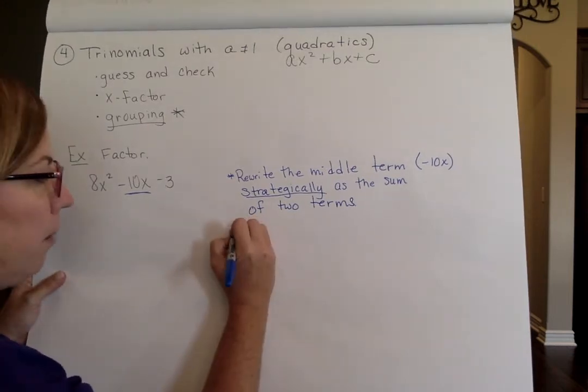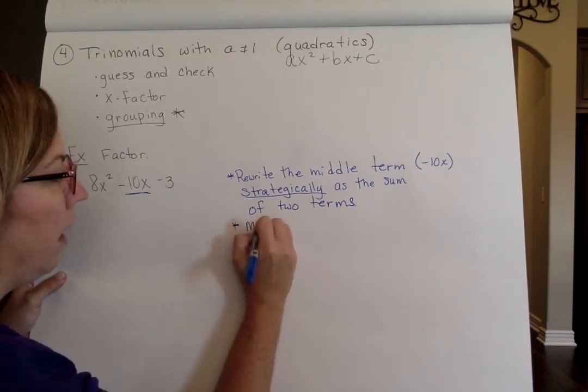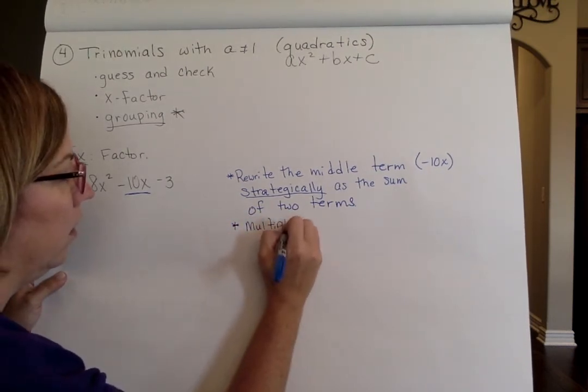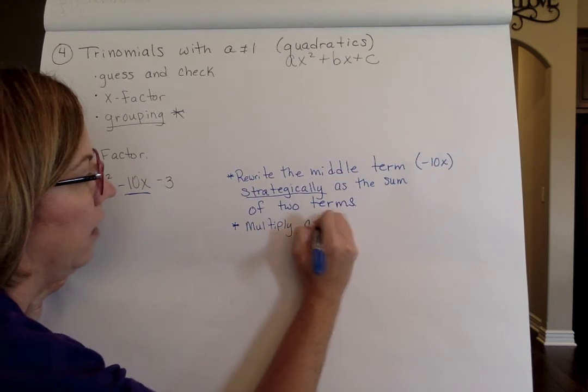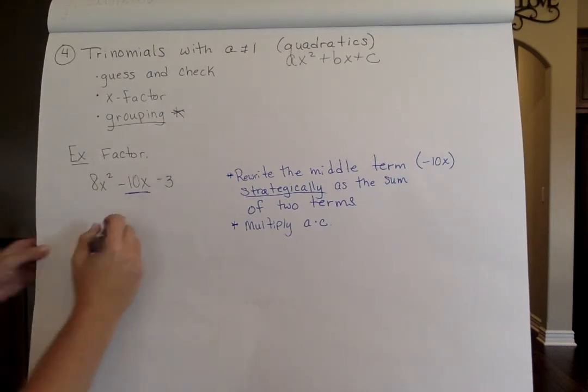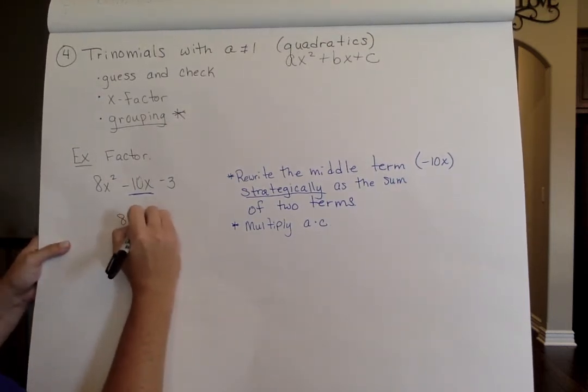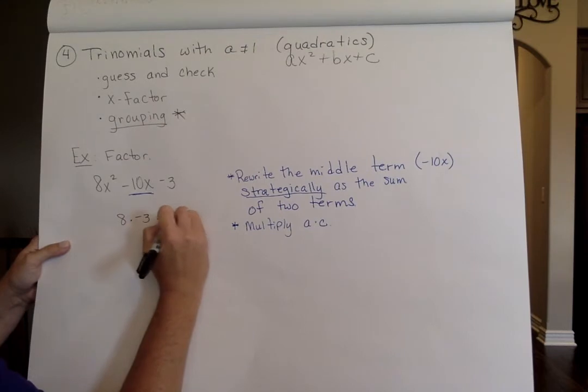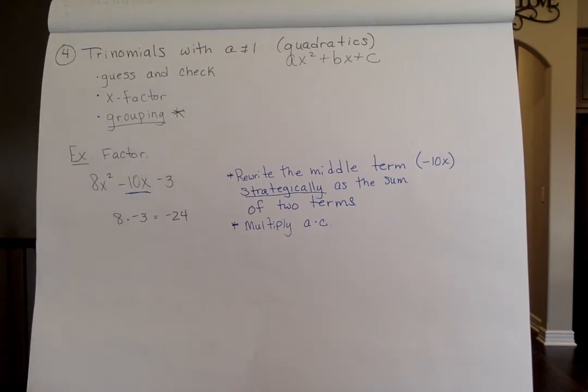We're going to start by multiply. This is the first step, A times C. Okay. So in our problem, that's going to be 8 times negative 3 or negative 24. Okay.